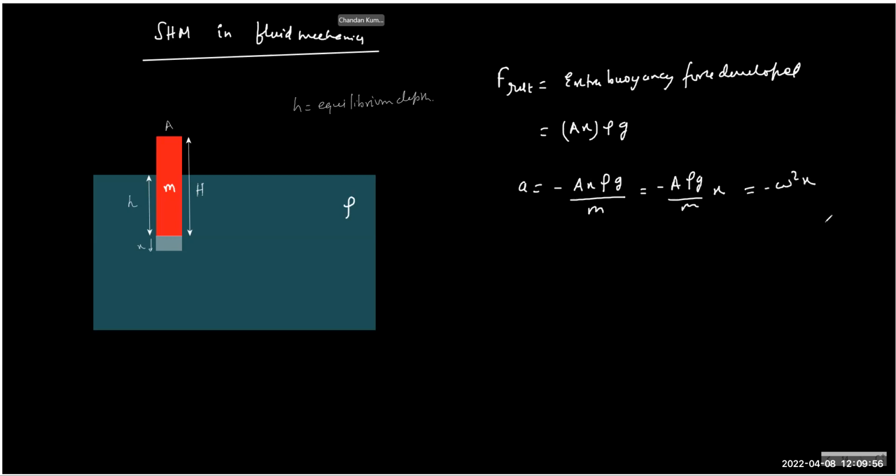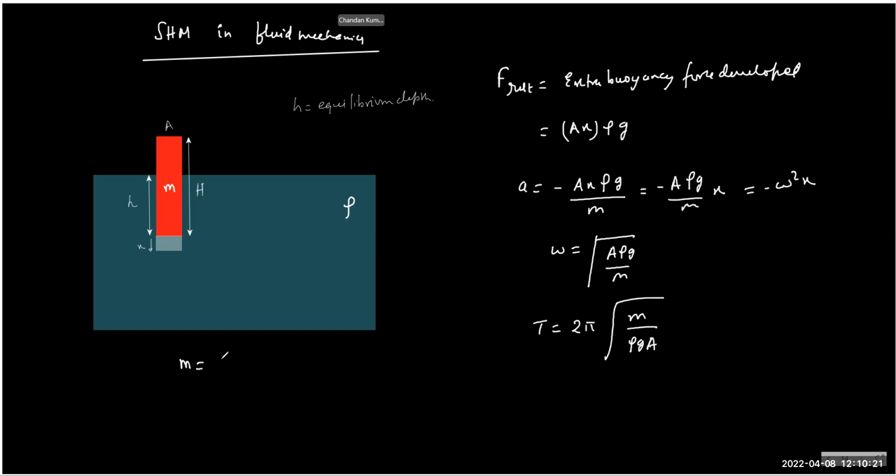Comparing with the standard equation of SHM, omega is under root of this, and the time period is 2 pi under root M by rho G A. But what is interesting is that this answer can be converted into a simpler answer. If you convert, you will get something very interesting.